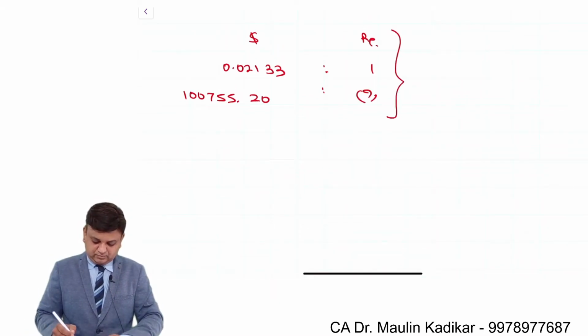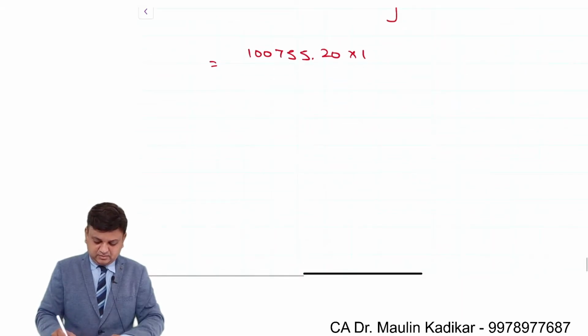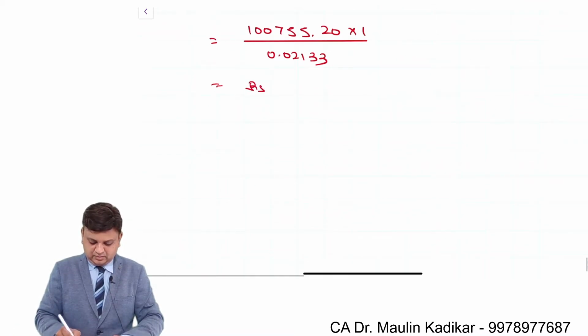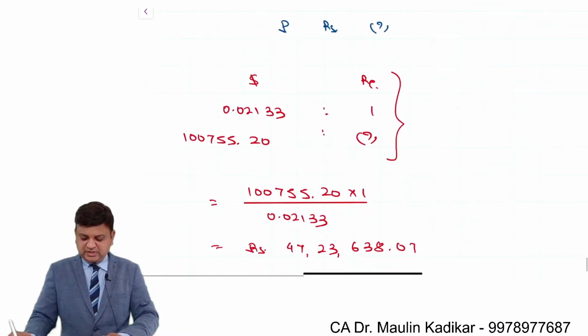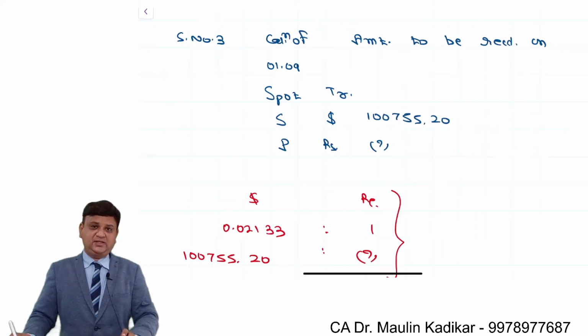So in that case, the answer is 1,755.20 into 1 divided by 0.02133. So the final answer comes to 47,23,638.07. This is the answer that we have, ignoring a new point, which is the margin.